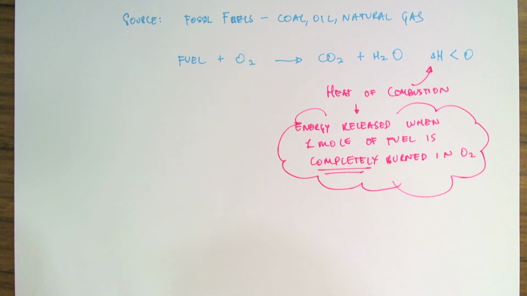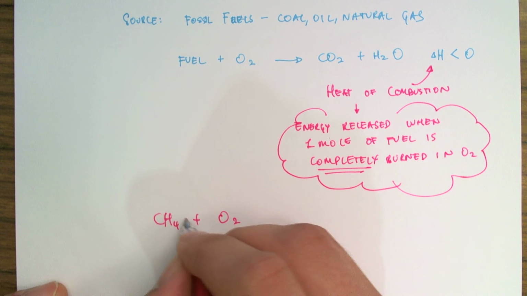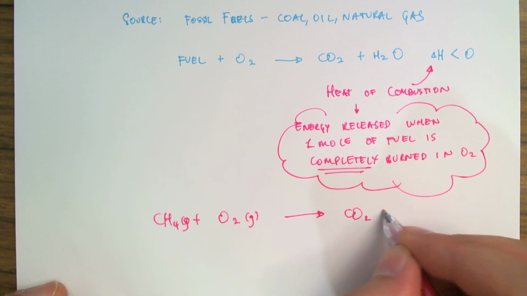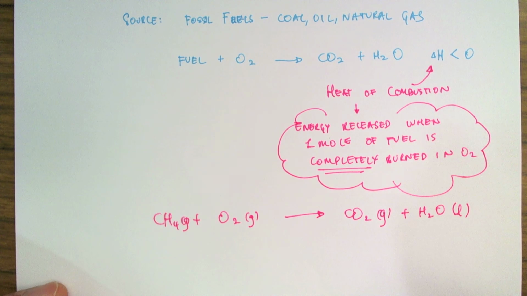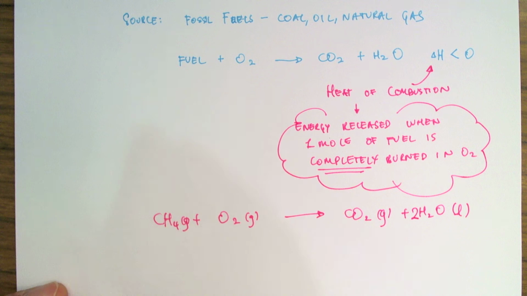So one example of this is the combustion of methane in oxygen to produce carbon dioxide gas and water. So I can balance this by putting a 2 in front here. That gives me 2 oxygens. I only have 2 oxygens on the left side.